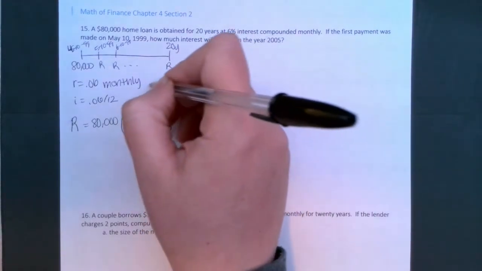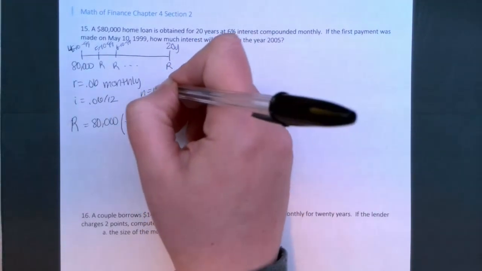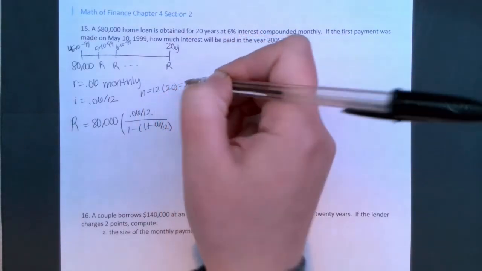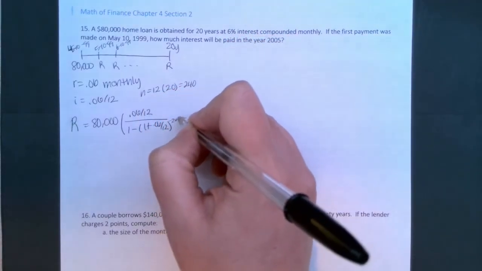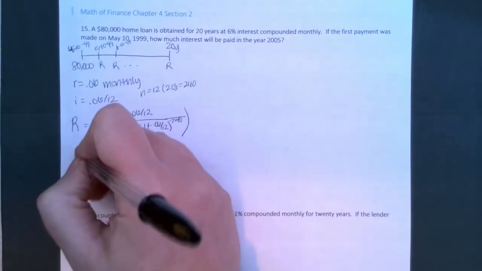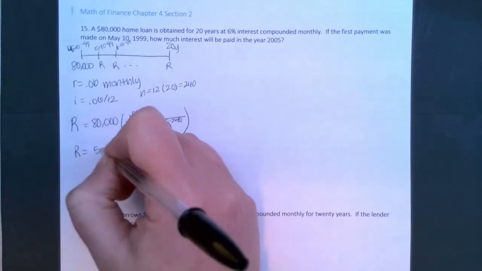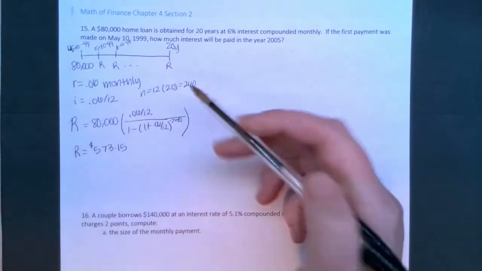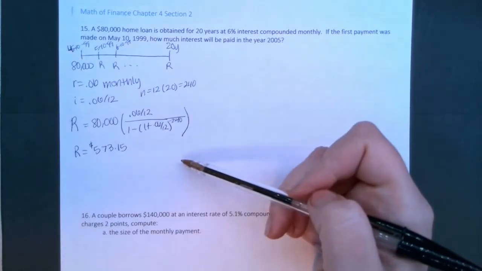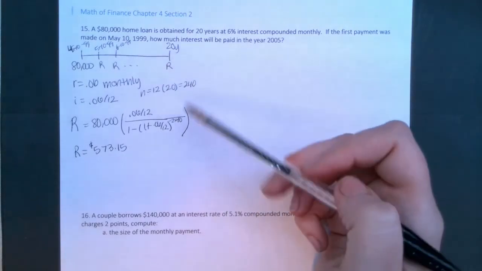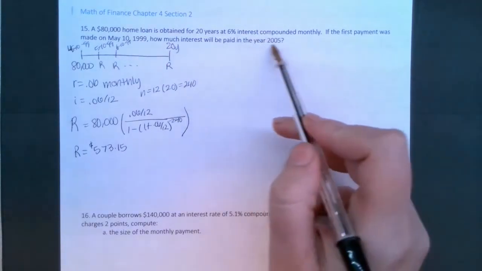Our n for total payments is going to be 12 times a year for 20 years, so 240. So when you plug that in your calculator, our monthly payment is going to be $573.15, because this is the same setup as the previous problem we were doing in example 14. Only difference is here we have dates. And again we're looking for a specific year.